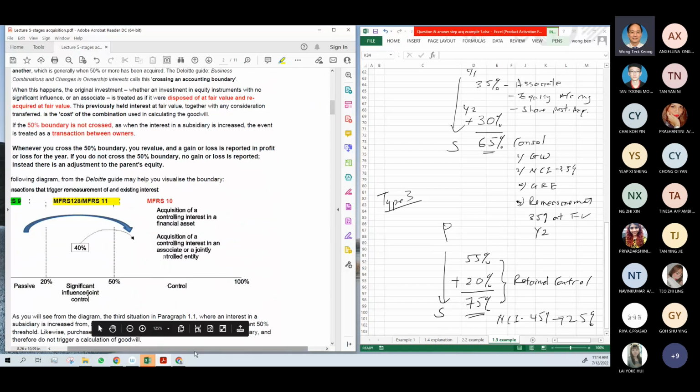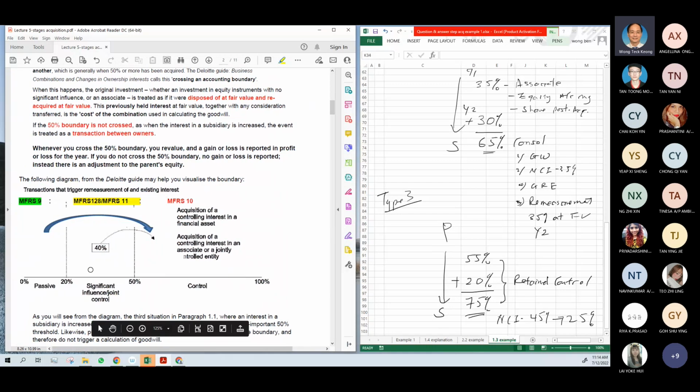Okay, we give you more detail. So we give you two charts. When you cross the 50% mark, you become a subsidiary. Between 20 and 50% is an associate, with significant influence. If one or more parties jointly control it, it becomes joint control. Remember all the basics. Anything less than 20% is just a normal trade investment.